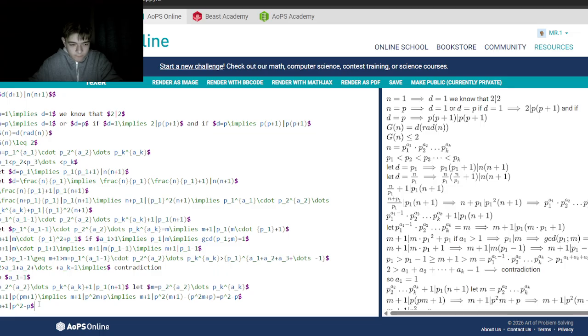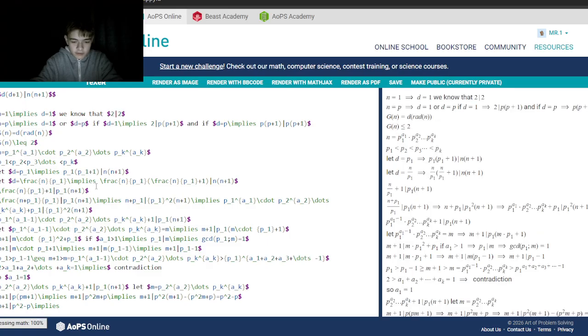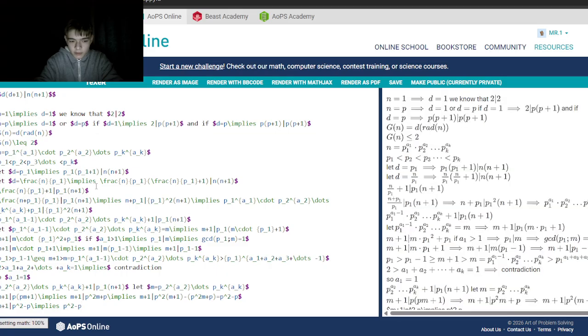And this also implies that p squared minus p is greater or equal to m plus 1. Now we know that, okay, this is more than m, and p squared minus p is less than p squared. Okay, so we have the inequality that p squared is more than m.